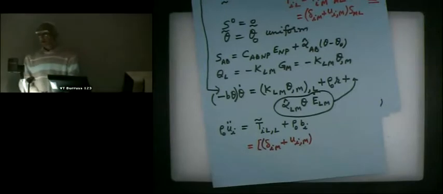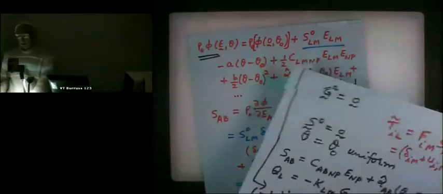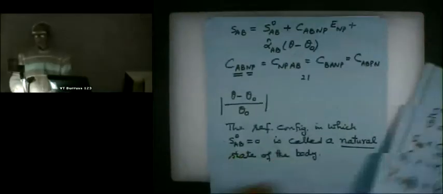Now we need to substitute for S. And S is this quantity. But now we are taking S_AB0 to be 0.